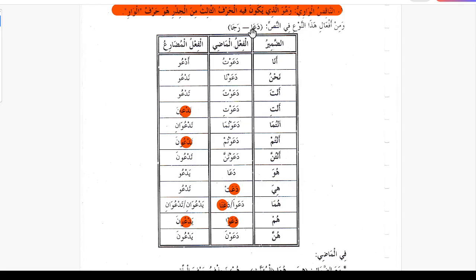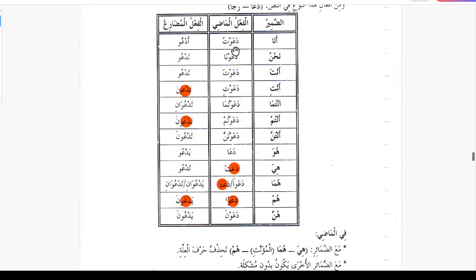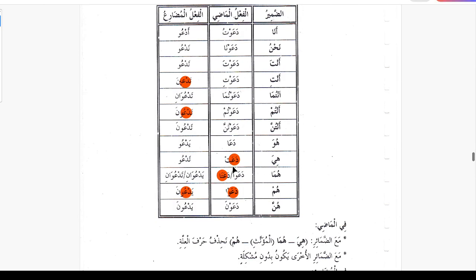Here the third radical is waw. We see it here with all the pronouns, all the forms of the verb, except we don't see it for hiya, there is no waw. For huma there is no waw, and for hum there is no waw. This waw is for plural.